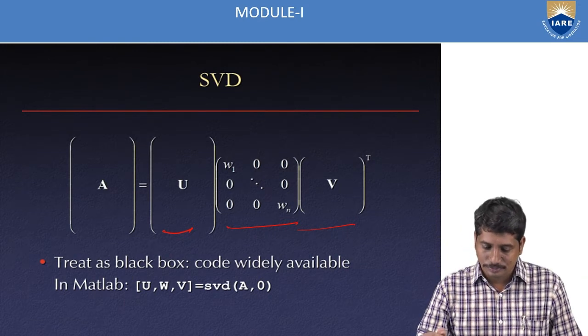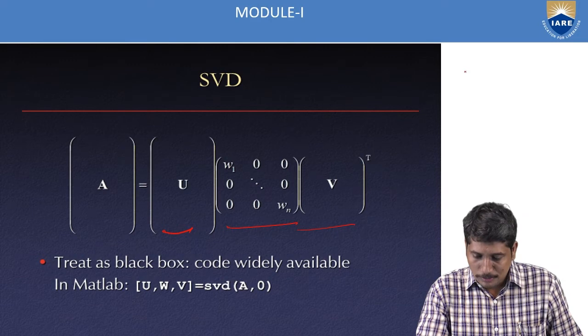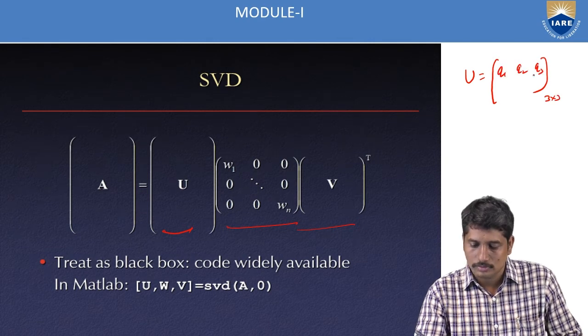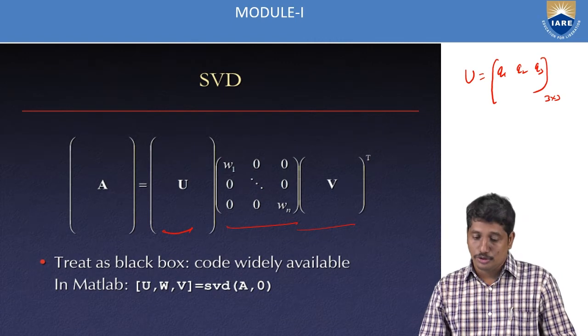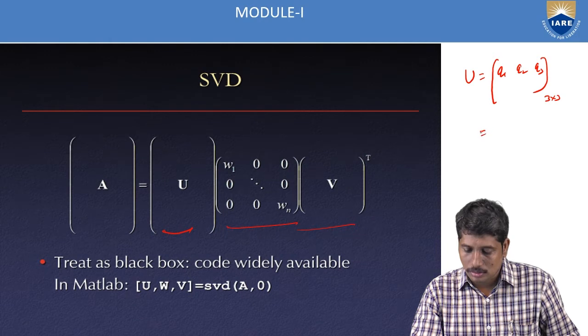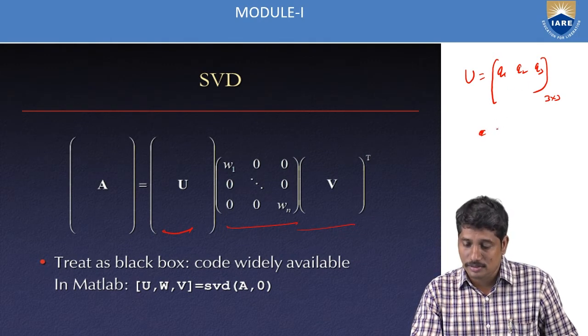Now let us discuss what is an orthonormal matrix. Suppose I'm having U, which is a 3 by 3 matrix with columns Q1, Q2, Q3. Let us see how these columns behave.